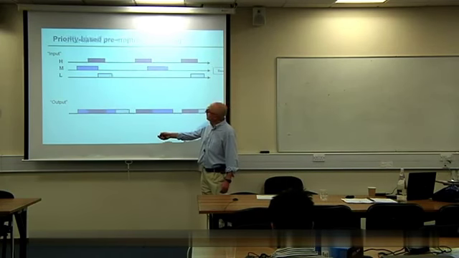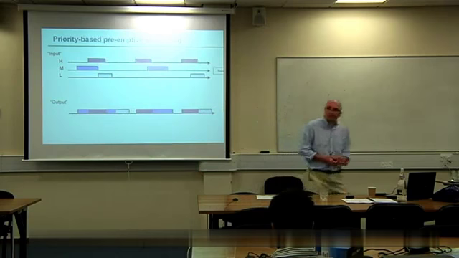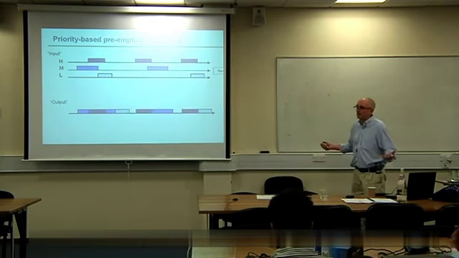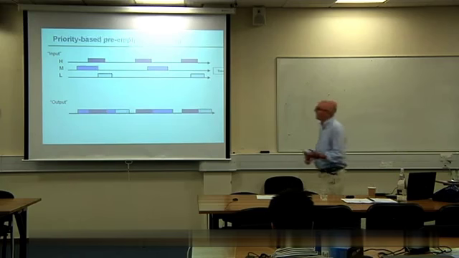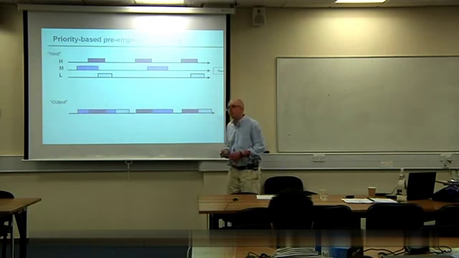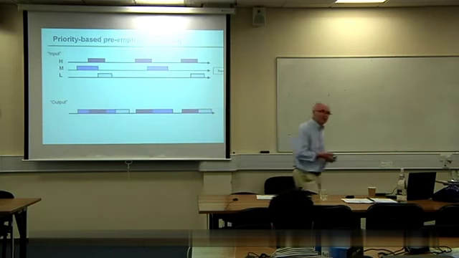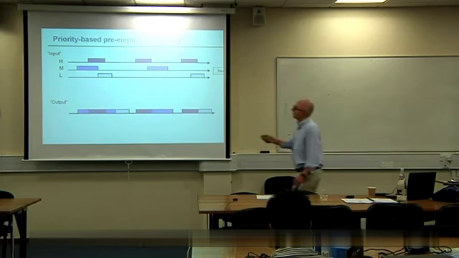Then the medium priority task completes its execution, then the lowest priority task runs. So that's what we would expect to happen in a simple design, and that's sometimes what people assume will always happen in their real-time operating system. But there are some significant complications.